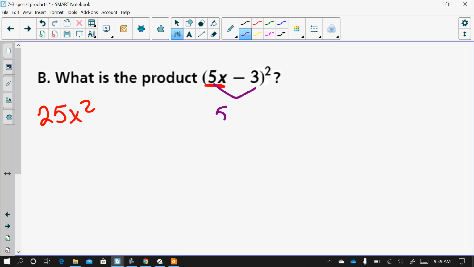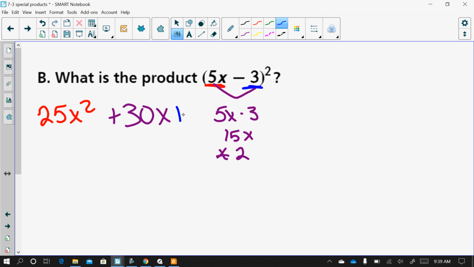So 5x times 3 gives me 15x, and then times 2 gives me 30x. And then we square the last term. Negative 3 squared gives me a positive 9. So that's the answer you should get. That's the shortcut. Again, I don't care if you don't like it. You can absolutely do FOIL.